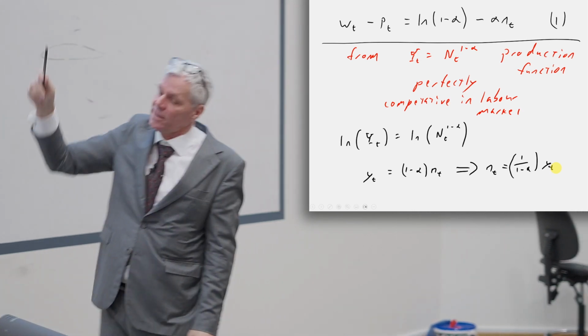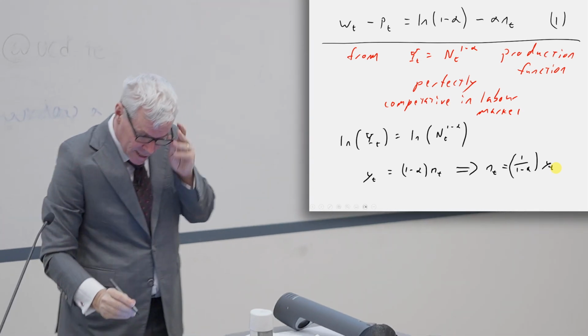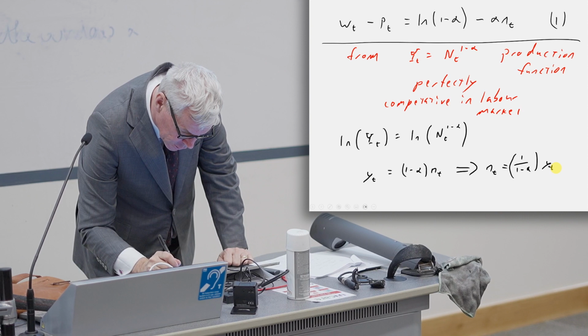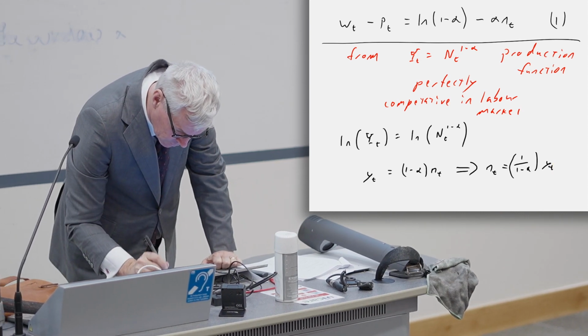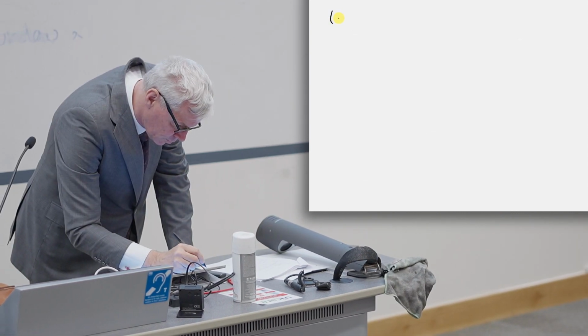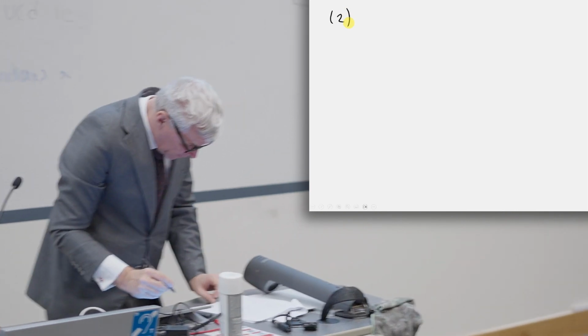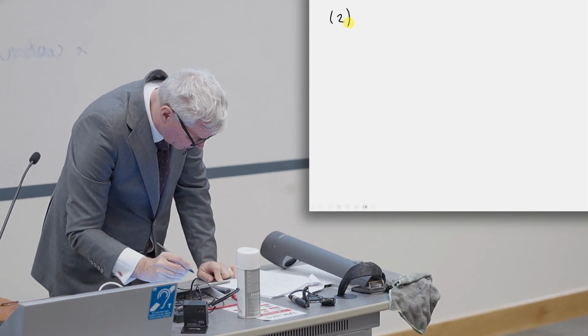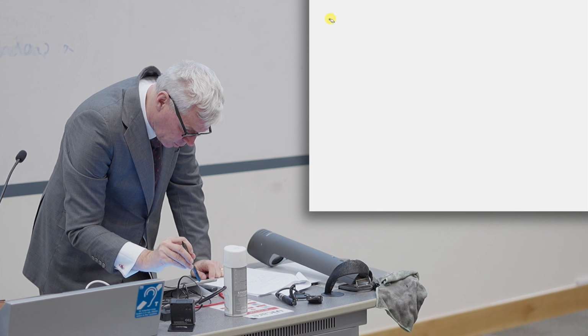So I'm just going to plug this in. And I am going to get something I'm going to call equation 2, which is going to be, it's not equation 2. It's going to be close.